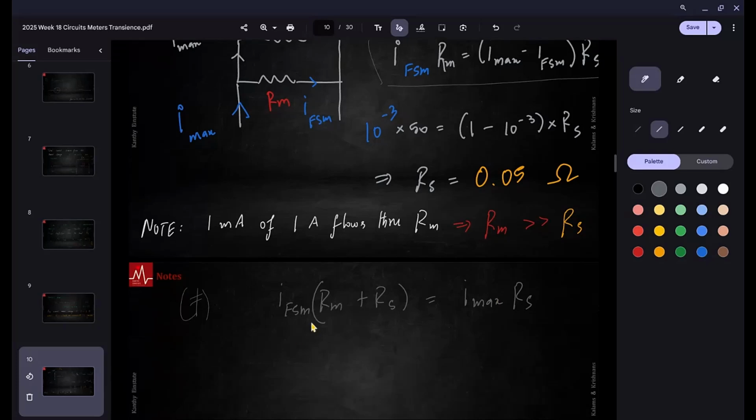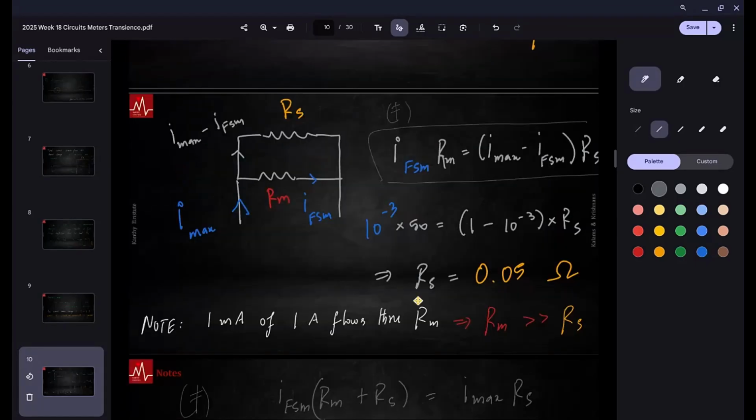Now IFSM is a fraction of I max. That fraction happens to be RS by RM plus RS. I didn't show the current division formula, but the voltage is the same, then the current splits. Use that logic and you get that.